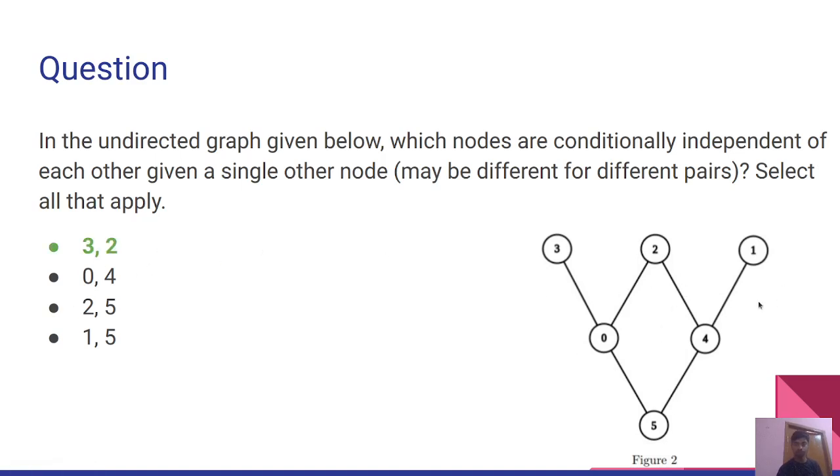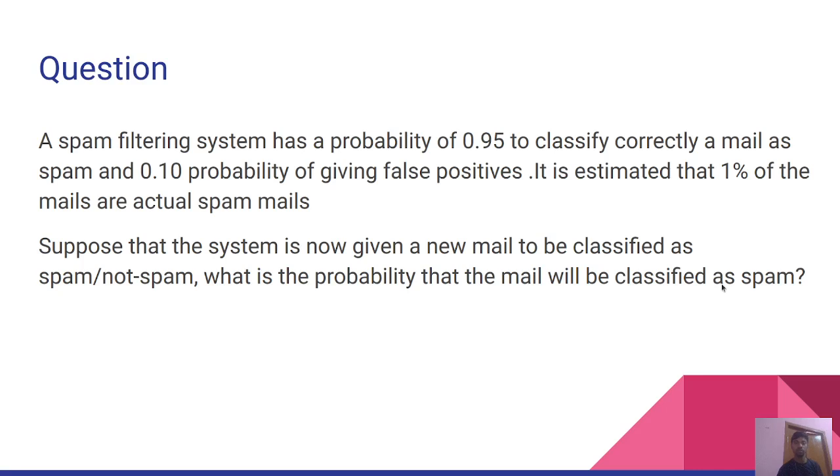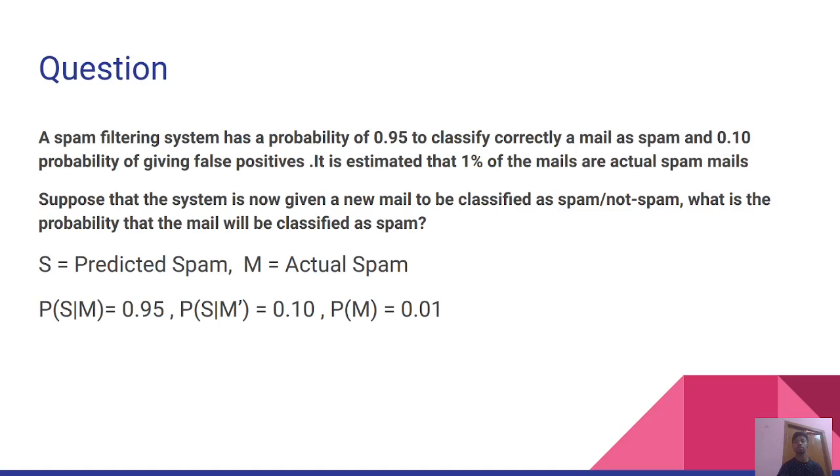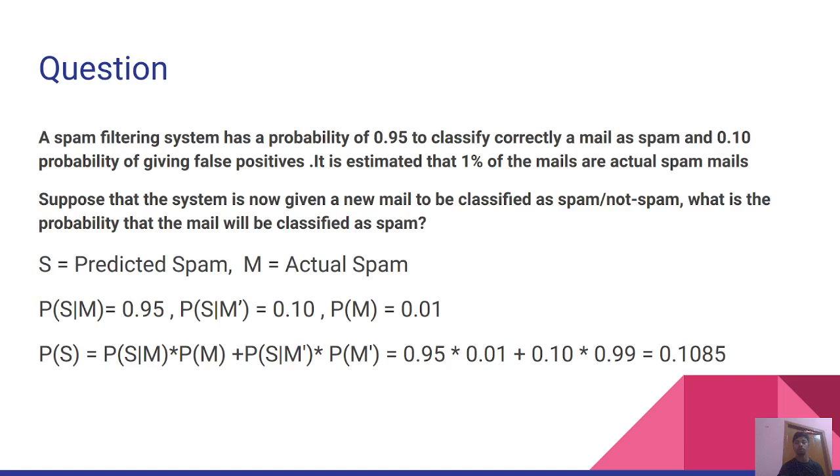The next question was spam and ham classification. Ham means not a spam. Basically we are given the probabilities, and we have to find the probability that a given mail will be predicted as spam, and we don't know if the mail is actually spam.